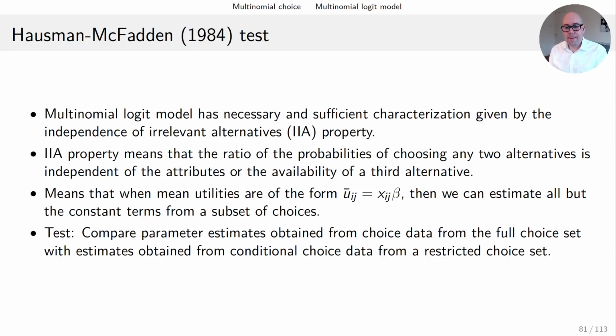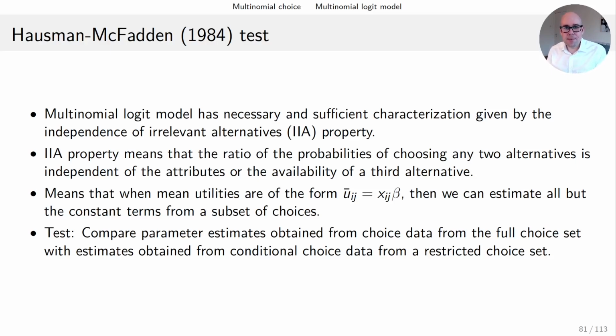Okay, so the test does the following. It takes all the data you have, estimates the model, and then you get the estimates of the slope coefficients. Say a price coefficient, call this alpha, right?